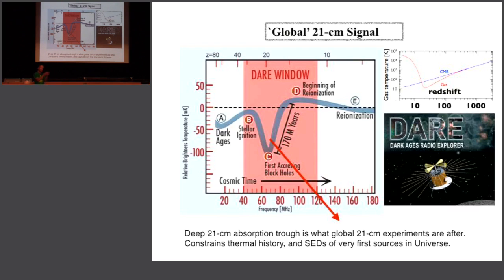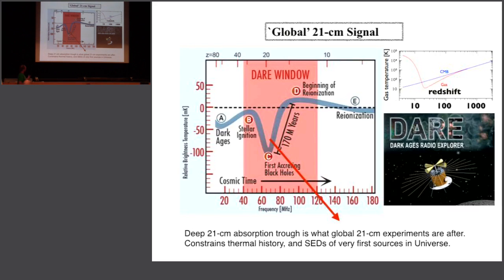It starts coupling the spin temperature to the gas temperature before significant heating took place, right? So it drives the spin temperature, we think, to very low values, so a maximum temperature difference between the CMB and the spin temperature. Right, so this gives us pretty deep absorption, right?